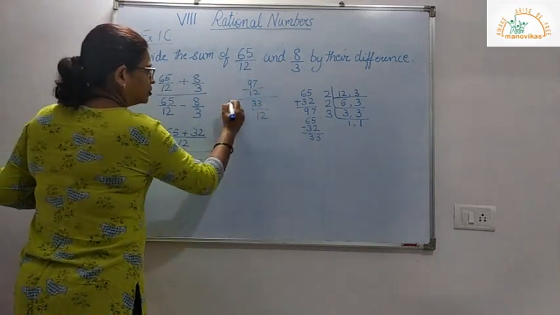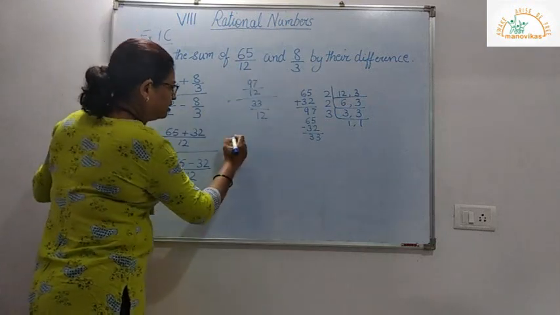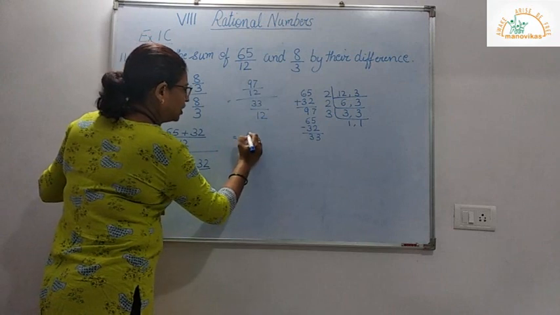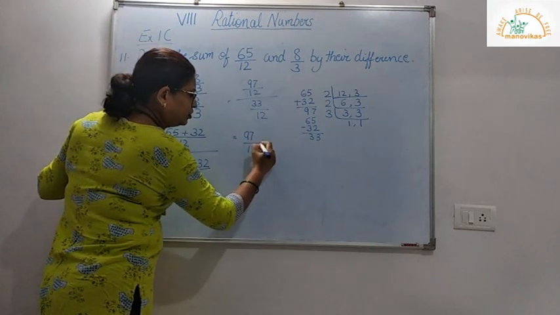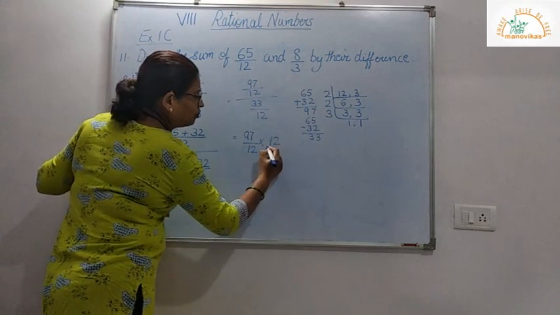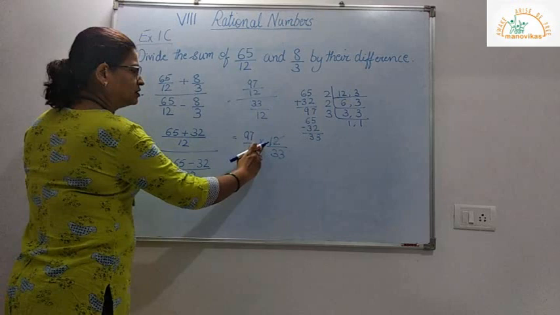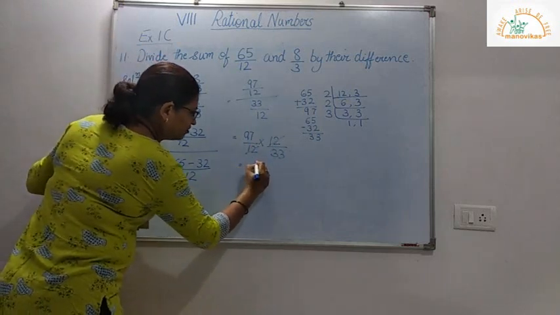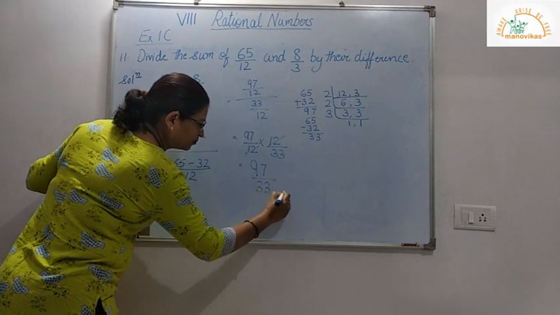Right? So now when I take the denominator to the numerator, it is the reciprocal. So I have 97 divided by 12 into 12 upon 33. So my 12 gets cancelled here since it's the product, and my final answer is 97 divided by 33.